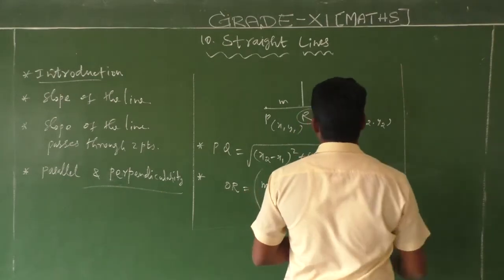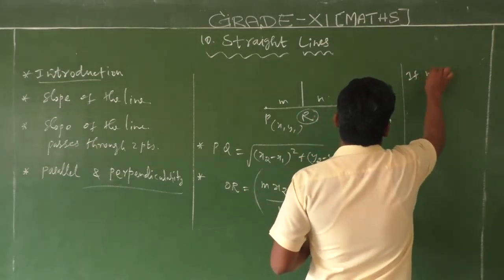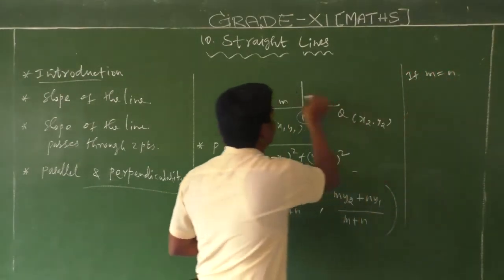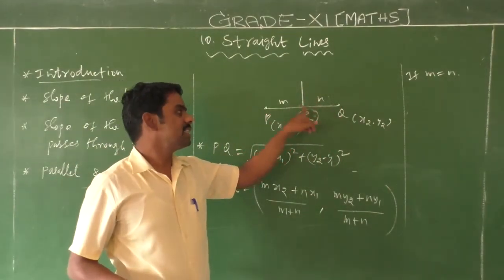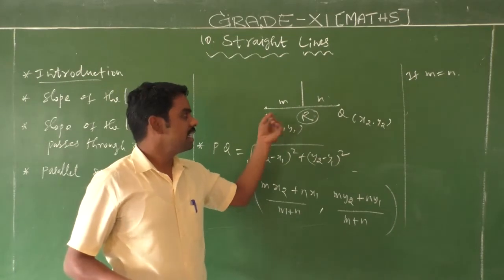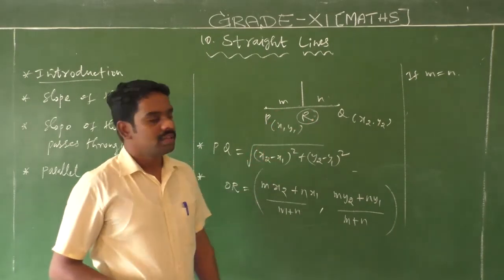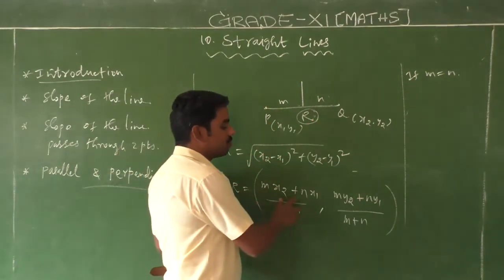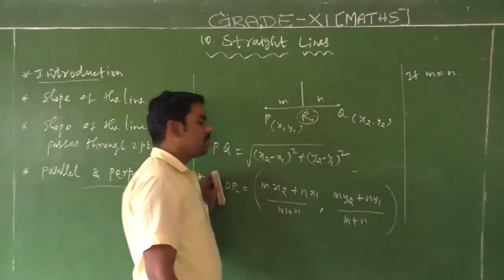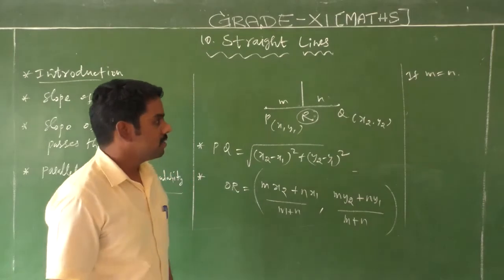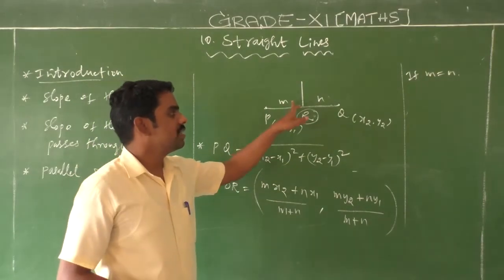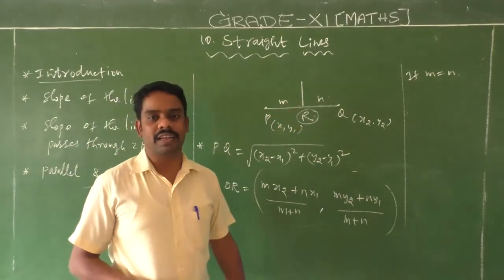If the point divides the line PQ in the ratio m is to n, then the point R is equal to (m x2 plus n x1) by (m plus n), comma, (m y2 plus n y1) by (m plus n). Suppose m equals n, the values m and n are equal.